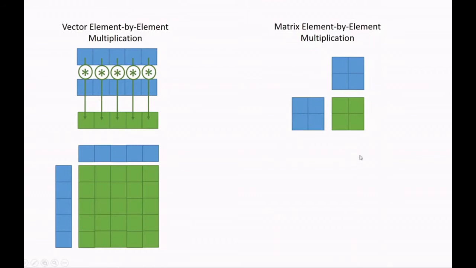So it's a totally different result than what we got before with a matrix multiplication. And this multiplication is always done if you use the dot operator. So the dot multiplication sign will always do this element by element multiplication.